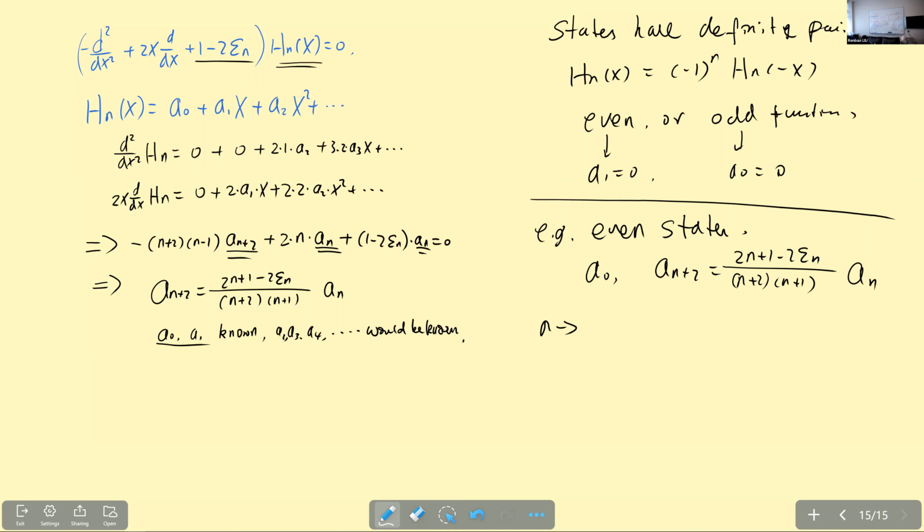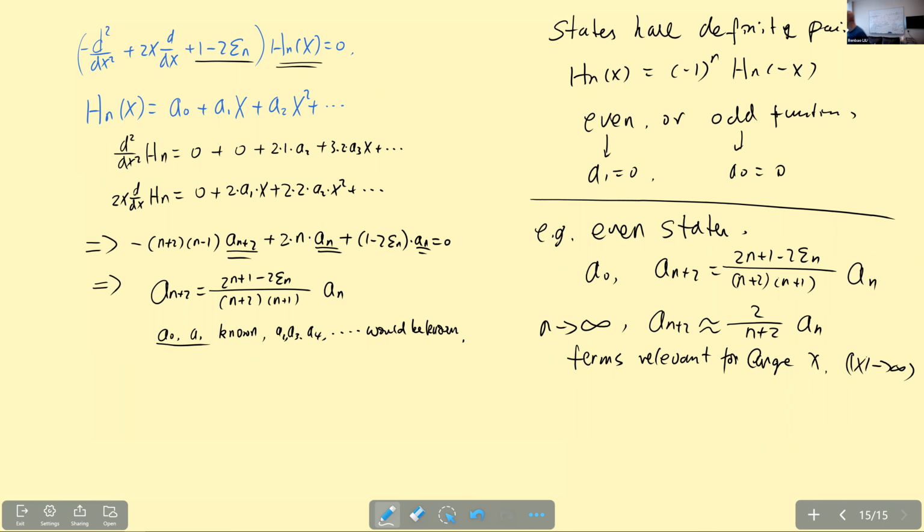Now if m goes to infinity, if m is large, you find that a_{m+2} approximately equals 2 over m times a_m. This is for large m, and these are the terms that are relevant for large x, that is, x goes to infinity.